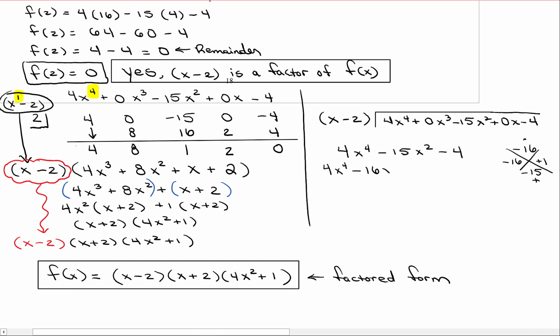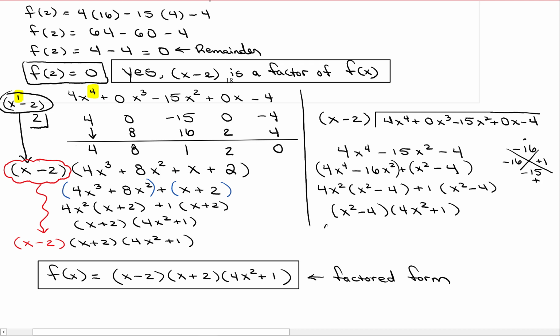So I could have factored this out using my magic x and then turning this into a factoring by grouping problem, and then factoring out the GCF of each one of these. So I end up with these factors, but then I have the difference of two perfect squares, which factors into x minus 2 and x plus 2 times that 4x squared plus 1, which is the exact same factors I had gotten earlier using the synthetic division.